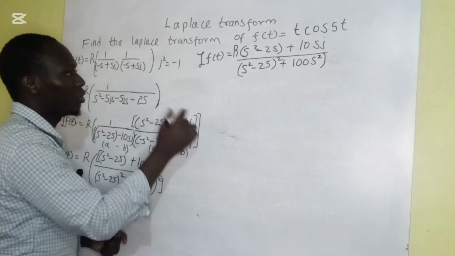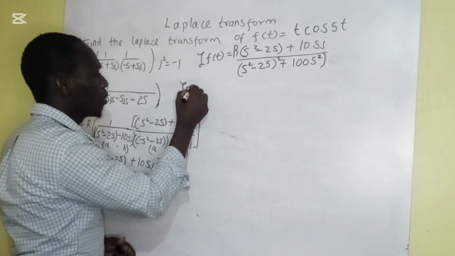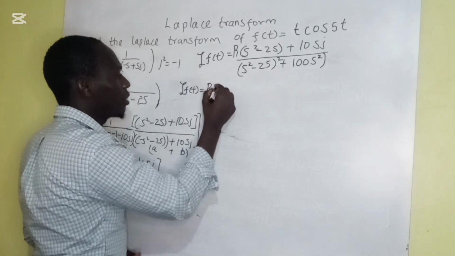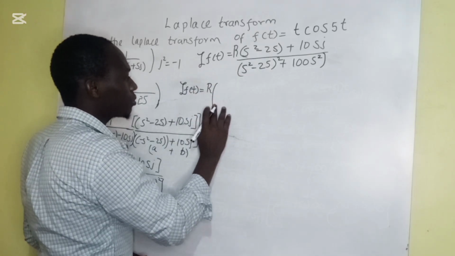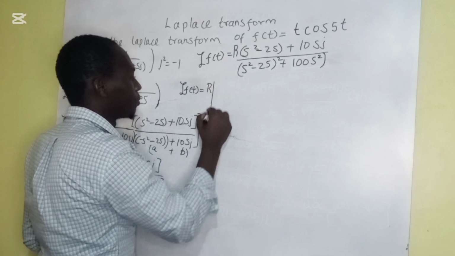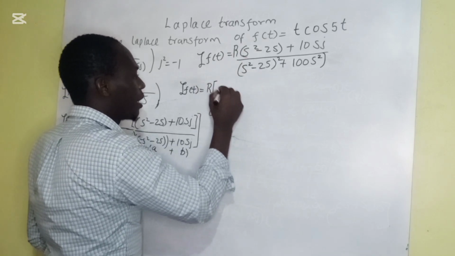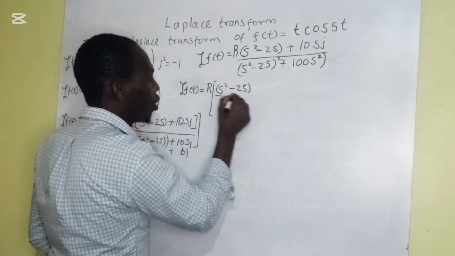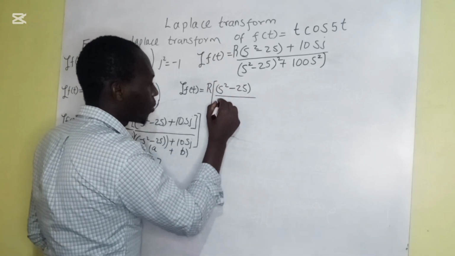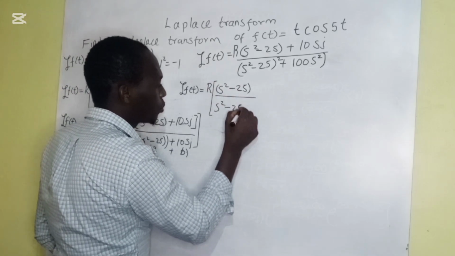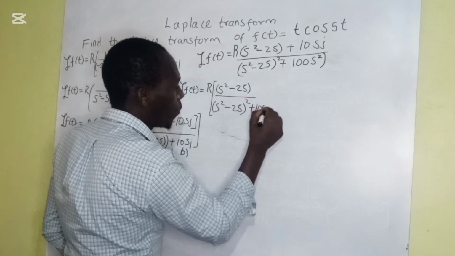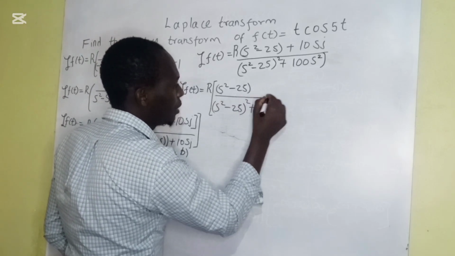And this is what we are going to have. The Laplace transform of our function f of t is going to be equals to r into s squared we subtract from 25 all over s squared we subtract from 25. Everything will be squared. We add to 100 s squared.